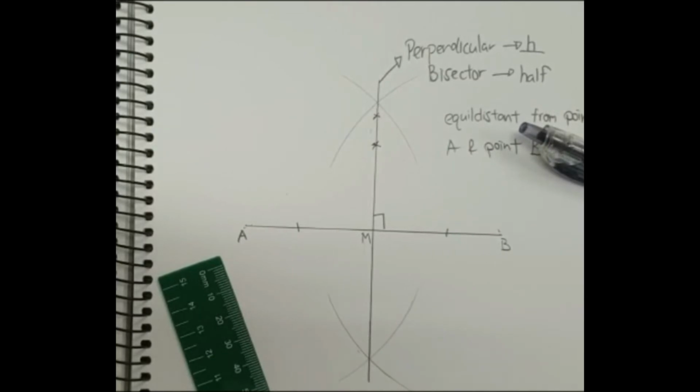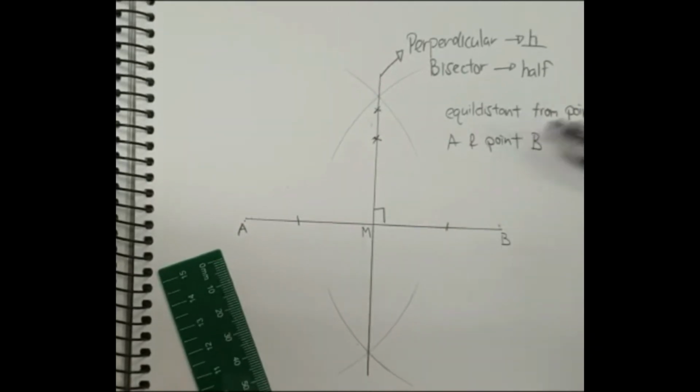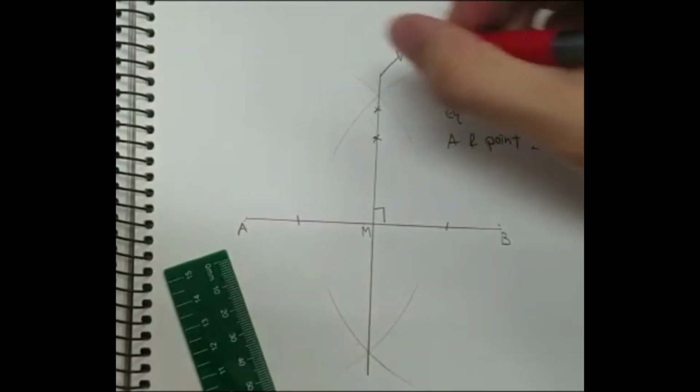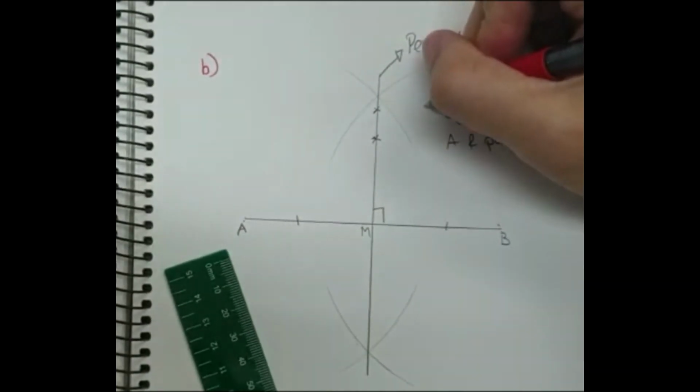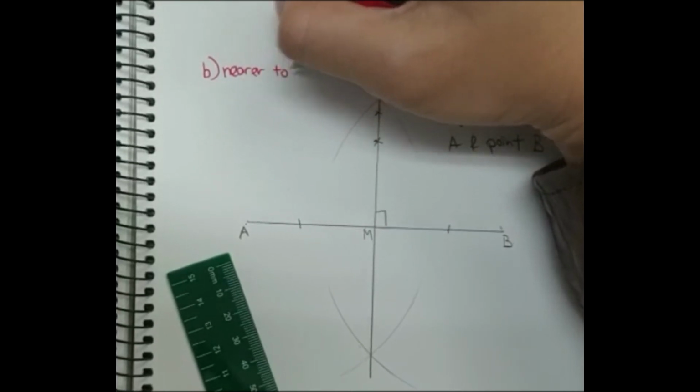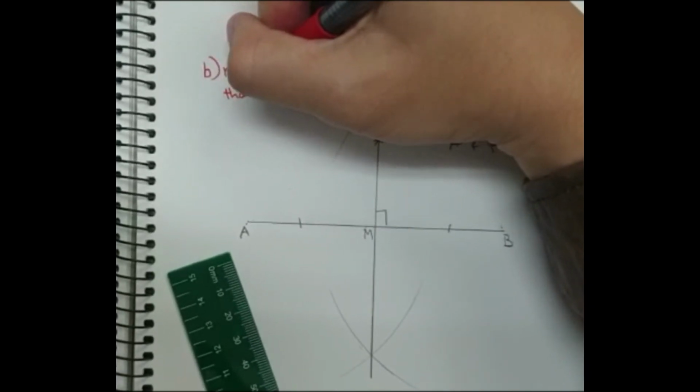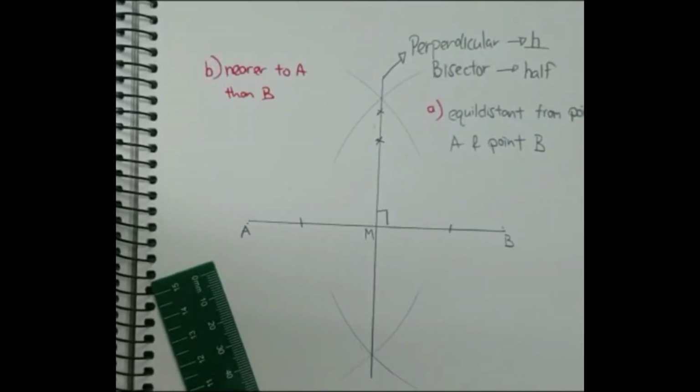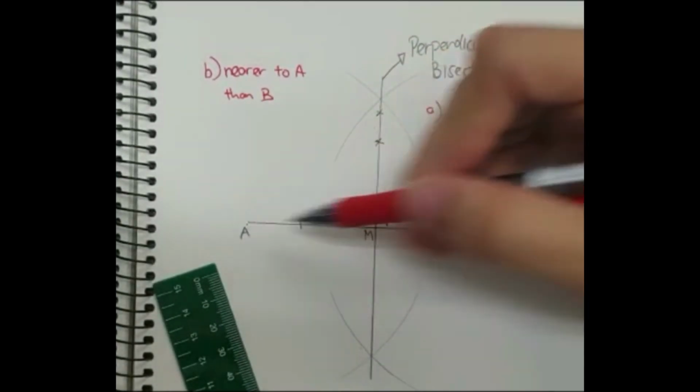Now, that's for part A. If you are nearer to A than B, where can you be? A is here, B is here.